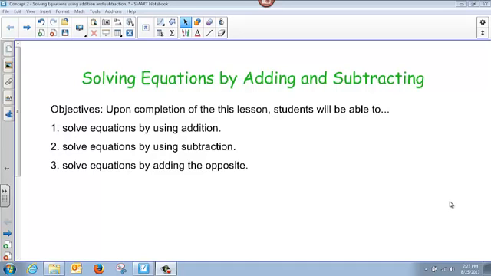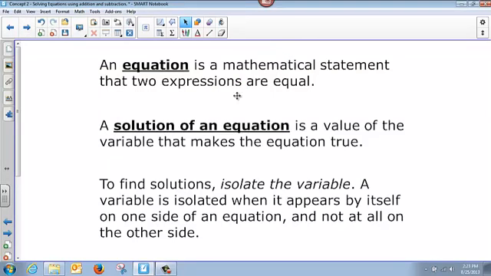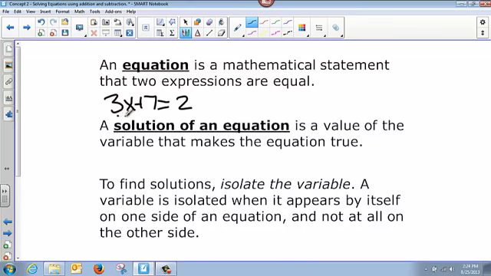So an equation is a mathematical statement that two expressions are equal. So if I have 3x plus 7 equals 2, I have the expression 3x plus 7 and the numerical expression 2, and when I say they're both equal, I end up with an equation.